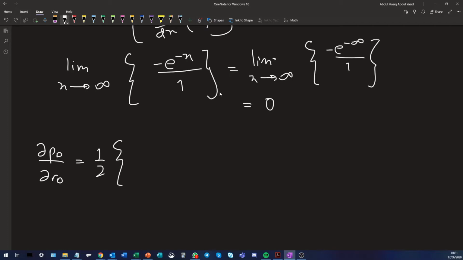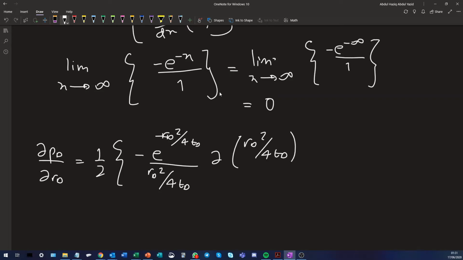Remember, we ignored the left hand side, so we are just left with negative r_D squared over 4t_D, then ∂ of r_D squared over 4t_D over ∂r_D.